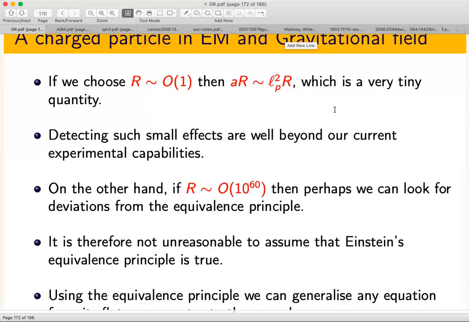In fact, if you do string theory, then Einstein's equivalence principle is not true. You do have higher derivative corrections to Einstein's action, and therefore to equations of motion, and therefore you are not actually obeying Einstein's equivalence principle. But those are like quantum mechanical corrections, right?